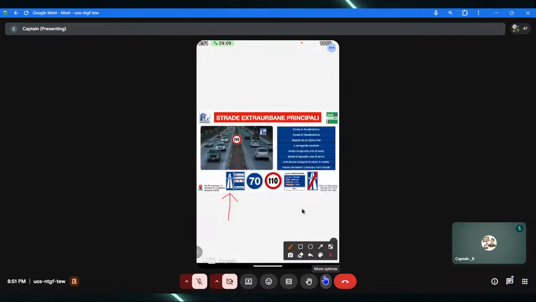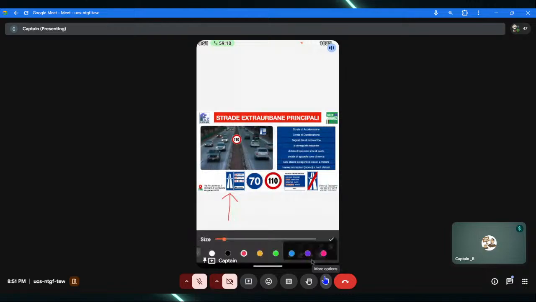If you are exiting the road, you will see it like this, indicating the city that you're about to enter, a closing signboard. When you are entering, it looks like this: due carreggiate, two carriageways separated. If you are exiting it, it will look like this, when you want to exit now.